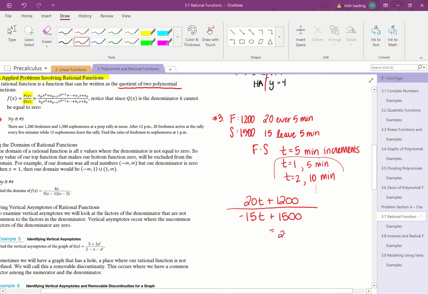I'm going to take out 20. So that gives me t plus 60. And then here I can either take out a 5 or a 3. Can't really take out a 10. I'm going to go ahead and take out a 5.